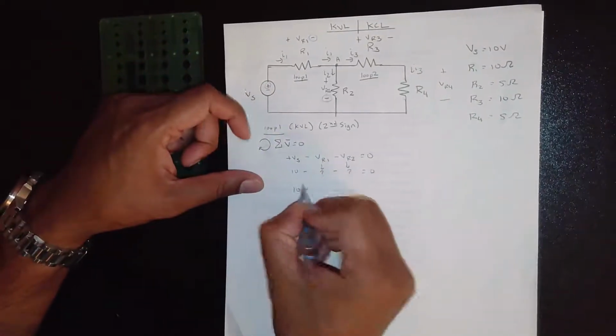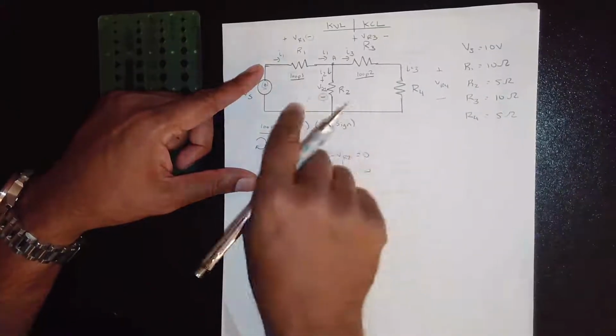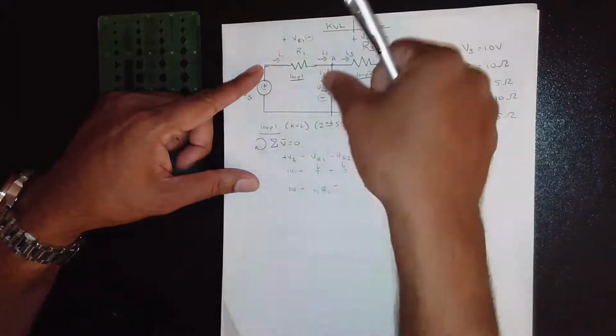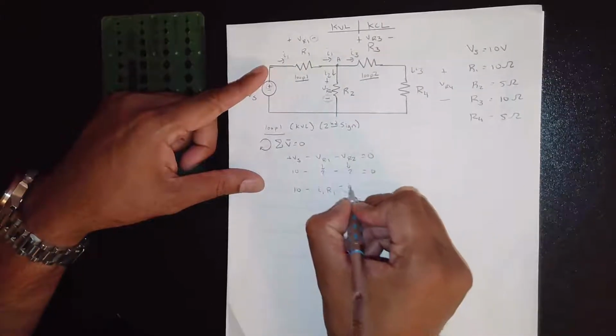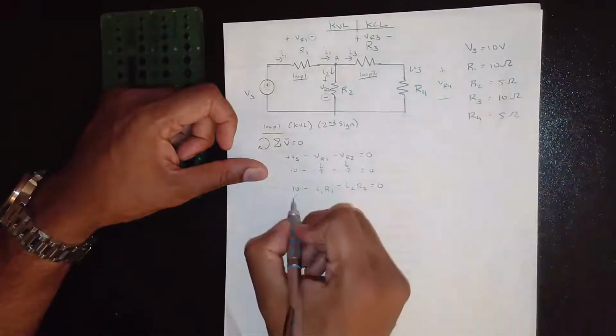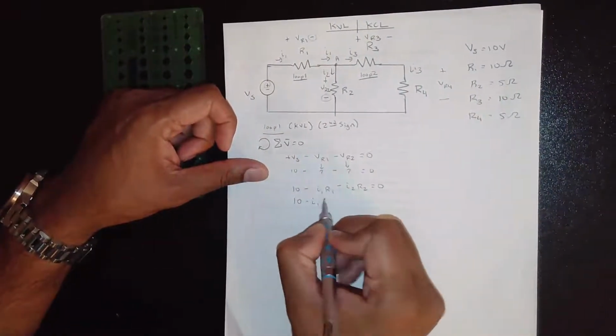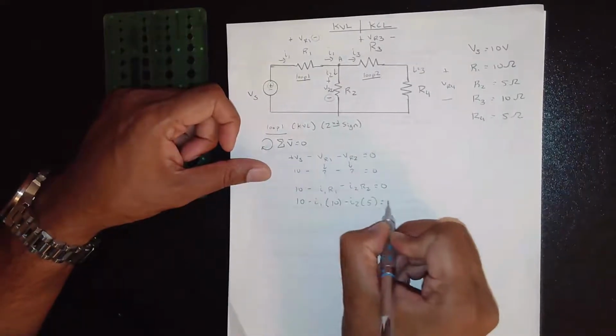So 10 minus I1 R1. VR2 is I2 R2. Just like the diagram. So that's 10 minus I1 times 10 minus I2 times R2, which is 5, is equal to 0.